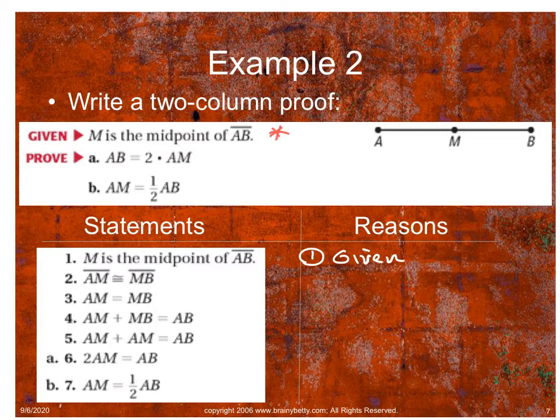Now, if you remember what a midpoint does from chapter 1, if we're told that M is the midpoint, that's going to split our segment AB into 2 congruent pieces. So that's what the next statement states, AM is congruent to MB, and I can state this because it is the definition of midpoint.